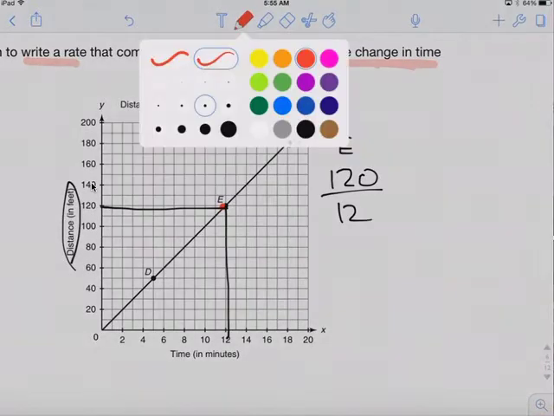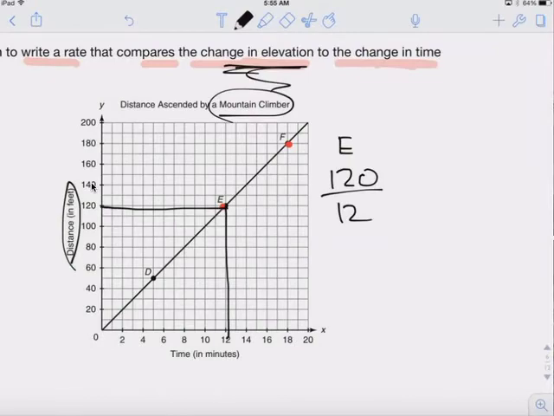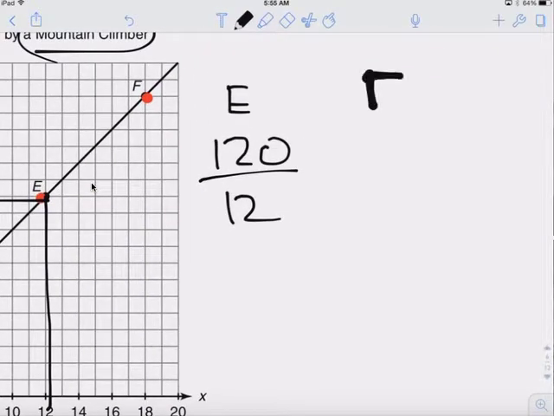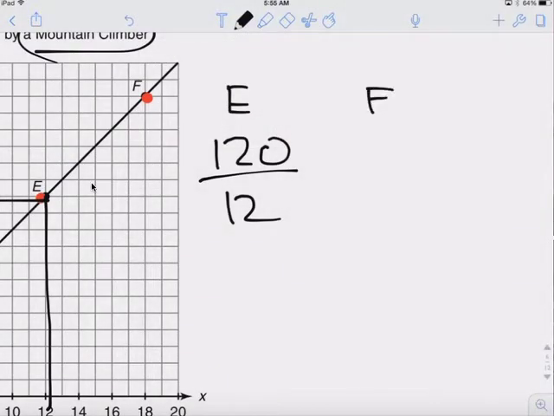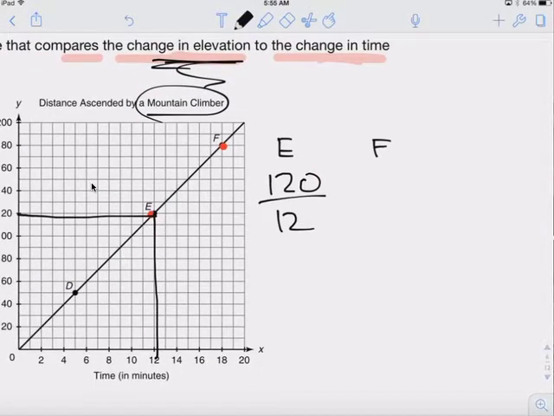Let's go F. Point F, just so you see that the rate of change on the same line is the same no matter what. Oh, sorry. Forgot to change. Okay, point F. F is distance 180 over time of 6.